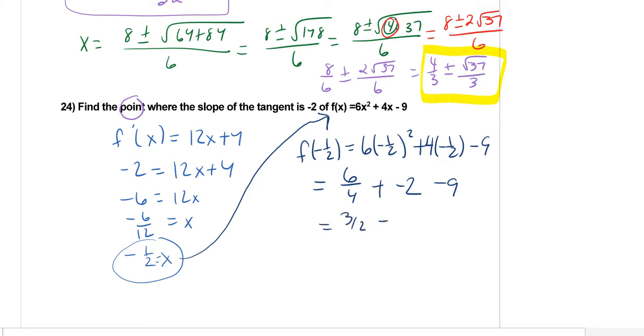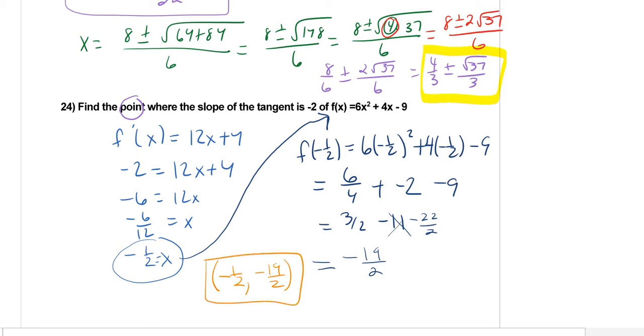So I have 3/2 minus 11. I can always rewrite the minus 11 as a -22 over 2 to get a common denominator. And that gives me a -19 over 2. So my answer here is -1/2, -19/2. The whole point is the x and the y.